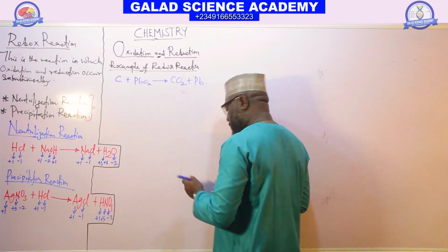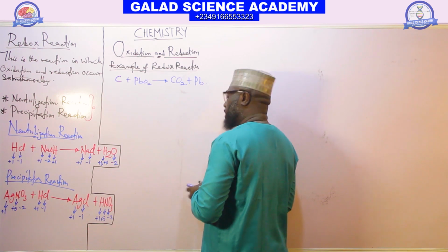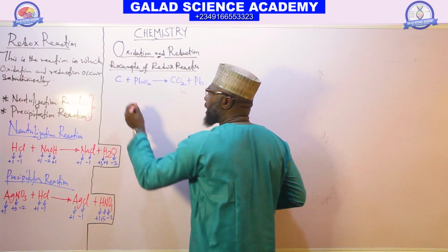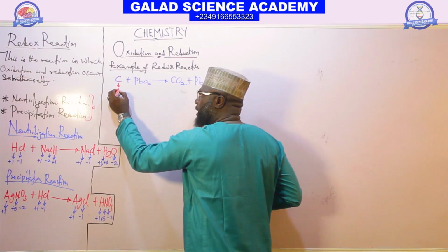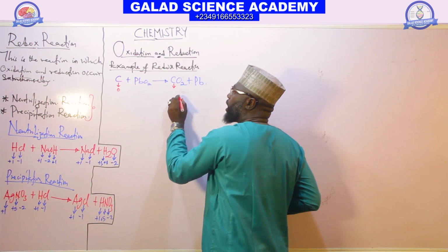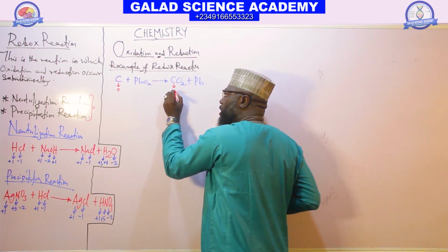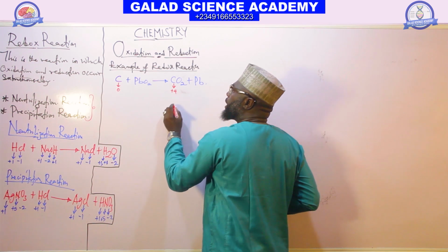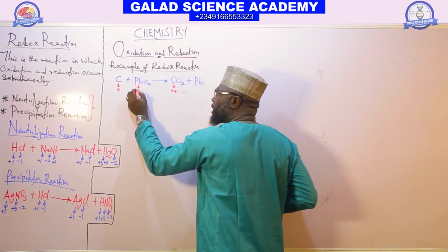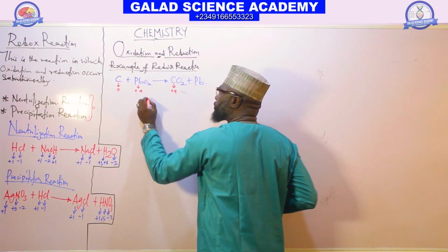Yes, look at this reaction. Now, if you calculate it, the oxidation number for carbon here is 0, ground state. The carbon here is +4. The oxidation number for lead here is +4.